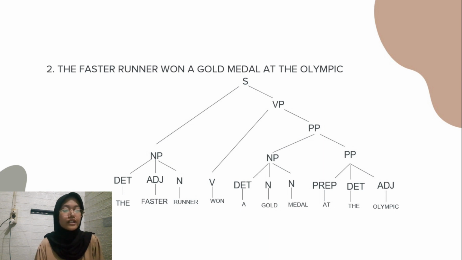The noun phrase is divided into three: a as determiner, gold as noun, medal as noun. Then the prepositional phrase is divided into three: at as preposition, the as determiner, and Olympic as adjective.